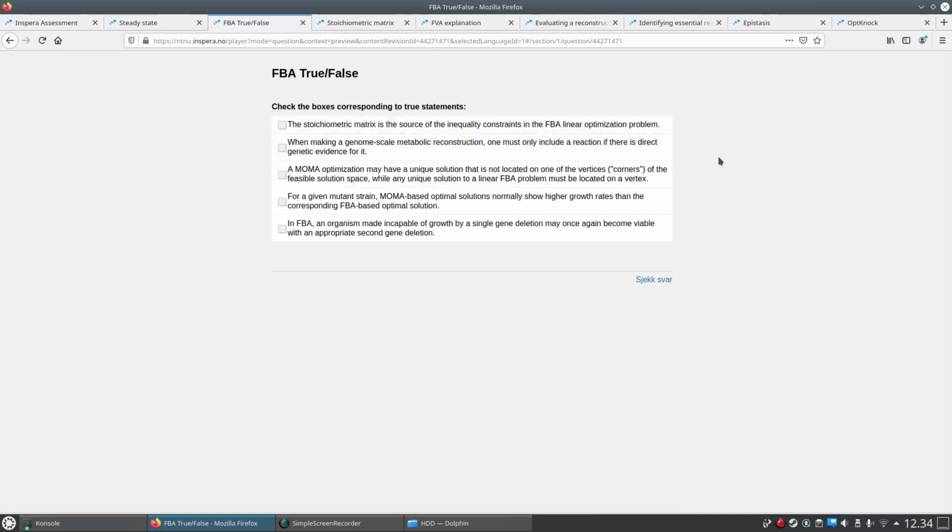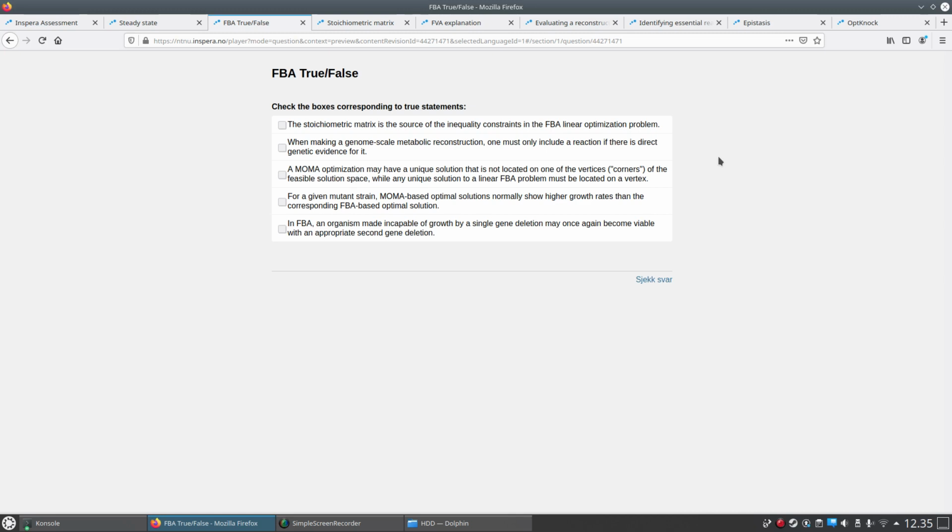This is not true. To recap, in the FBA linear optimization problem, we typically have 2 types of constraints: equality constraints and inequality constraints. Equality constraints we touched on in the previous question. They come from steady state and mass balance.